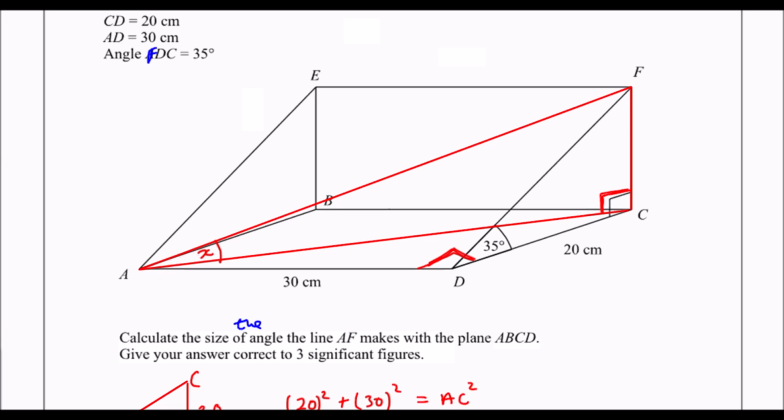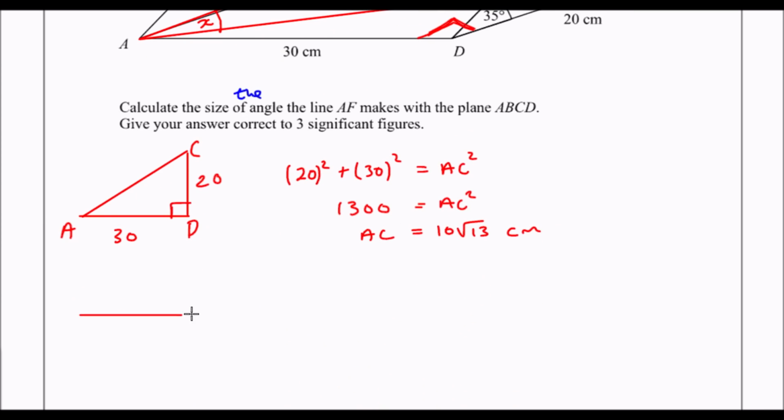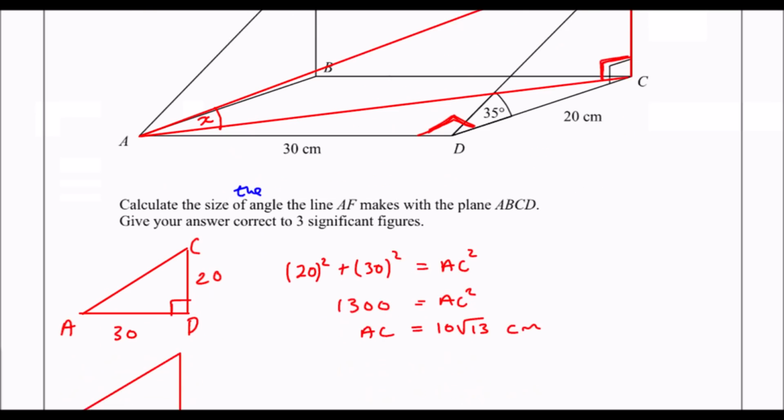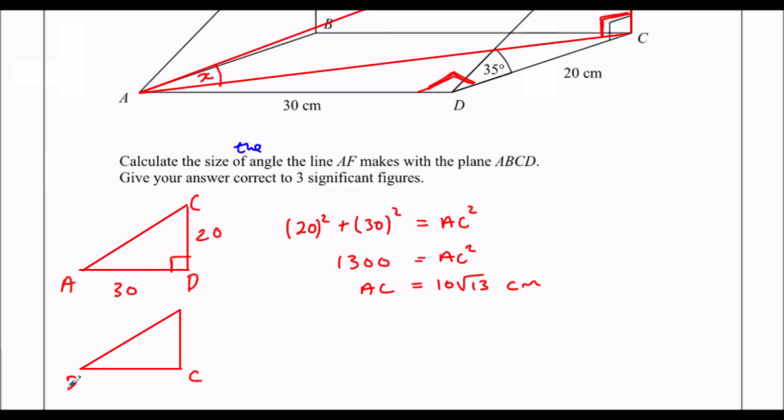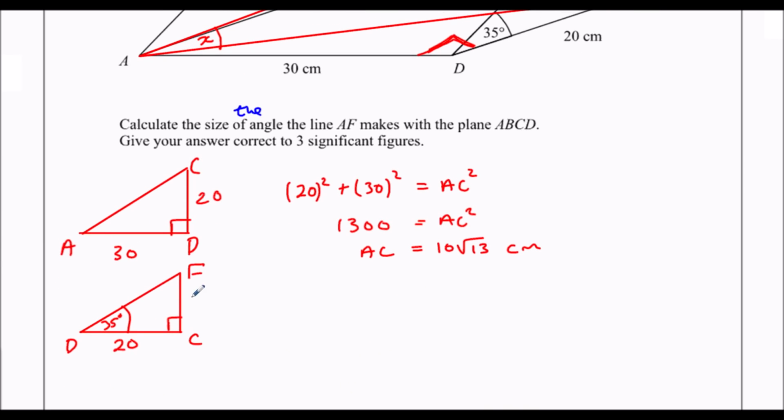So we'll have another triangle CDF, a right angle at C. 35 degrees is angle FDC. D to C is 20 centimeters, and we want to find C to F.